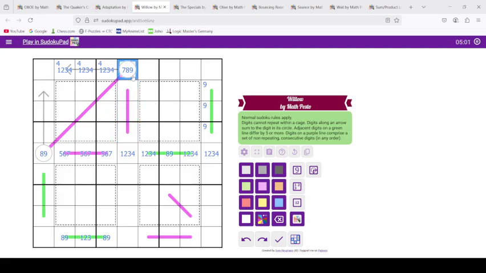So this can't be a 7. If it were, there'd be 7 here, there'd be 8 here, and then there'd have to be 7 here, breaking that cell. So this is an 8, 9 pair, making those two 8, 9, somewhere over there. Which makes this a 5, 6, 7.